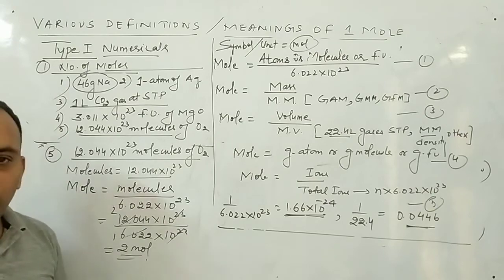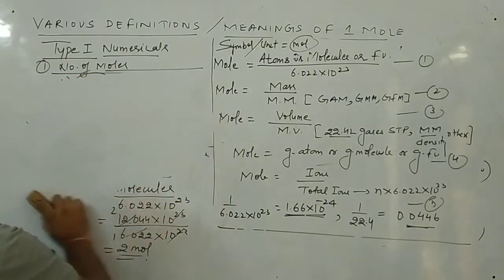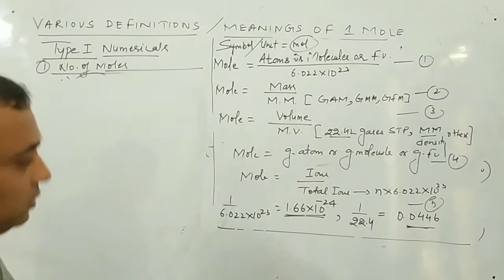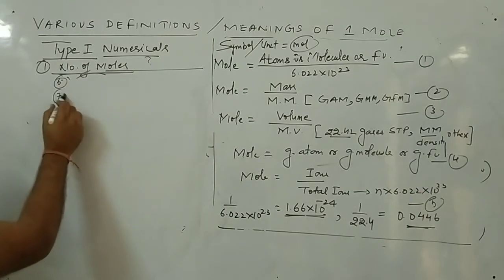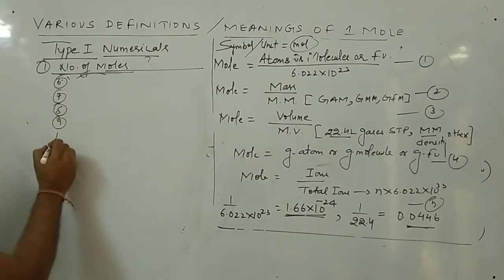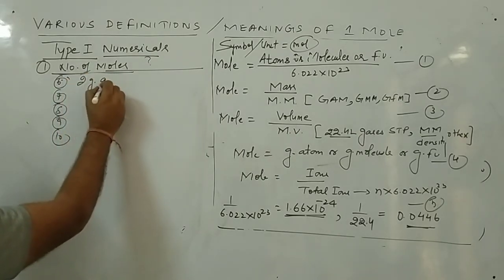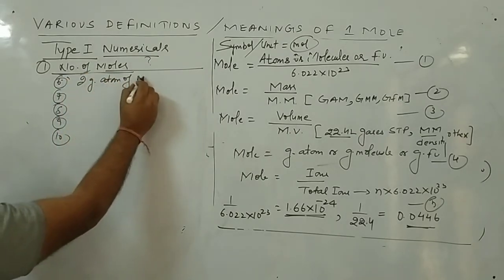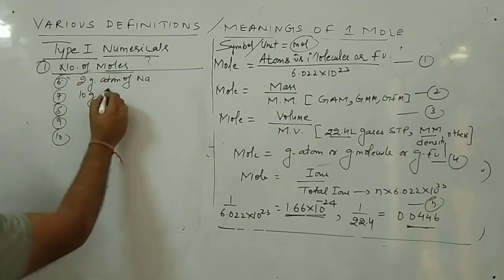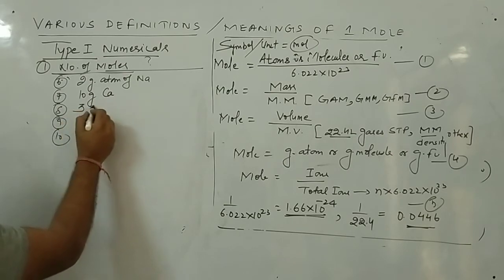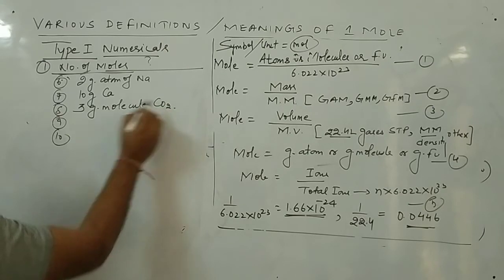Okay, so we have done the 5 parts of type 1. We'll do 5 more parts. I'll write the question. Same, I have to calculate number of moles: 6, 7, 8, 9 and 10. Now I will write 2 gram atom of sodium. Same, I will write 10 gram calcium, 3 gram molecule CO2.